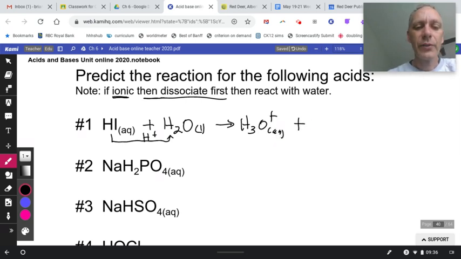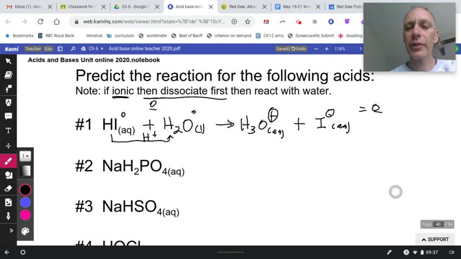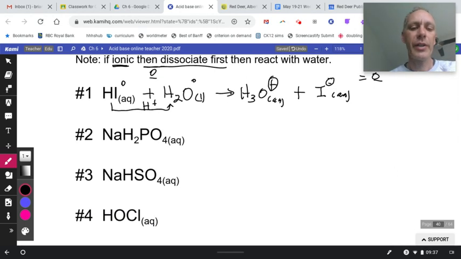If HI loses its H+, then we have I- left over. Charges are balanced. So this is a neutral molecule, a charge of 0. Water has a charge of 0. Over here we have a +1 and a -1, which equals 0. So we started with 0 and we finish with 0. So we say the charges are conserved in an acid-base reaction.